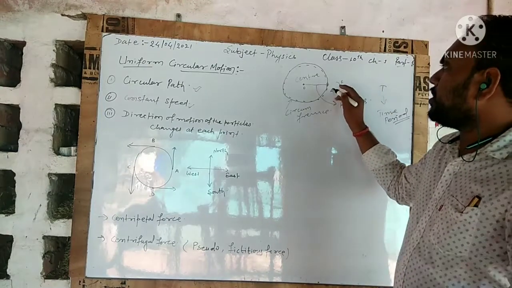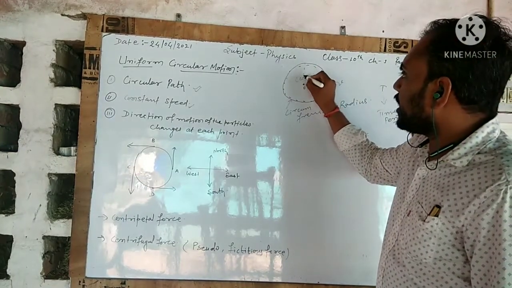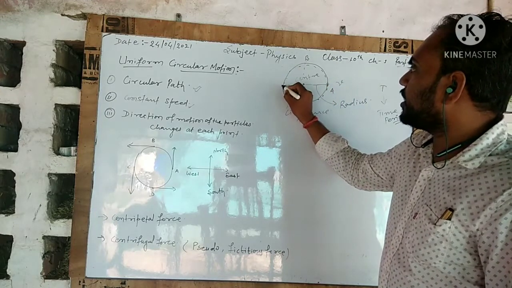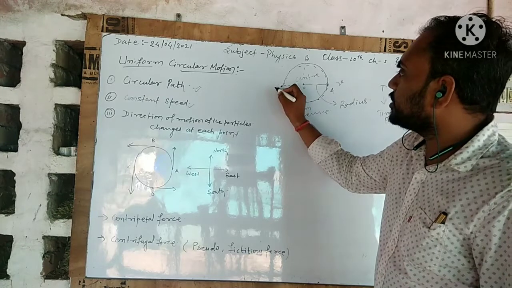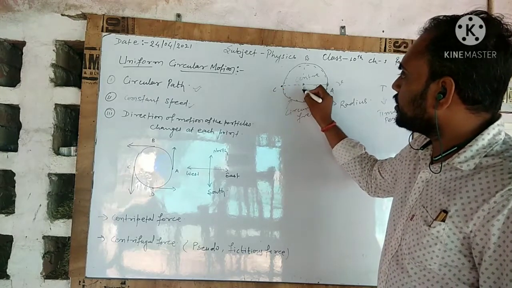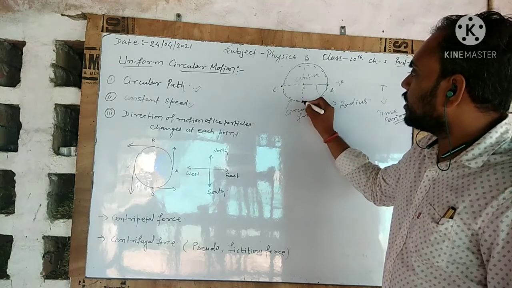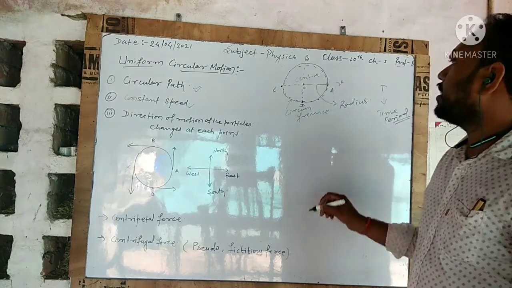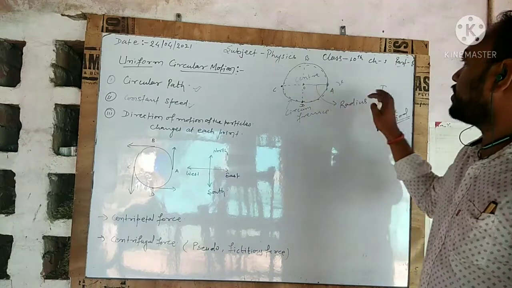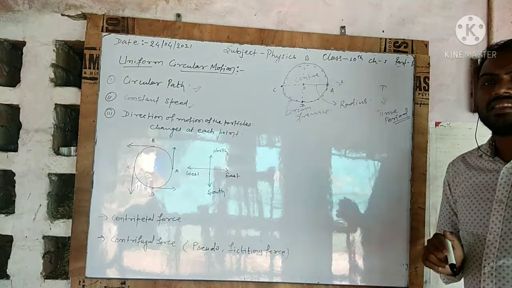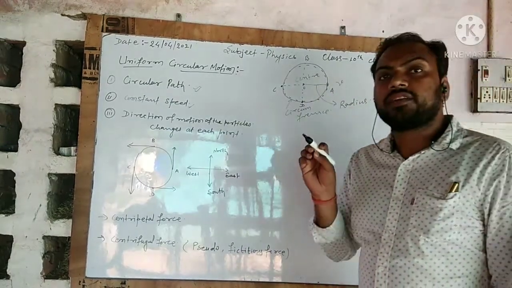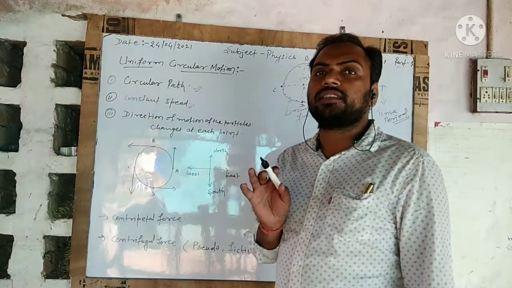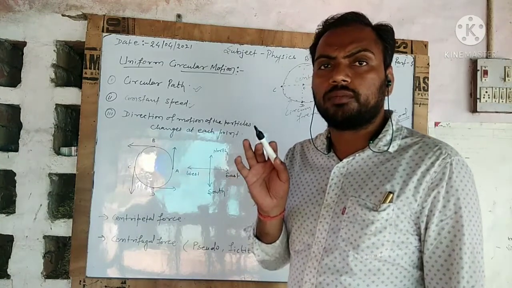In a quarter of the time period it will be at point B. In half the time period it will be at point C. In the next quarter it will be at point D, and so on. The body covers equal distance in equal intervals of time. That's why it is called uniform circular motion.